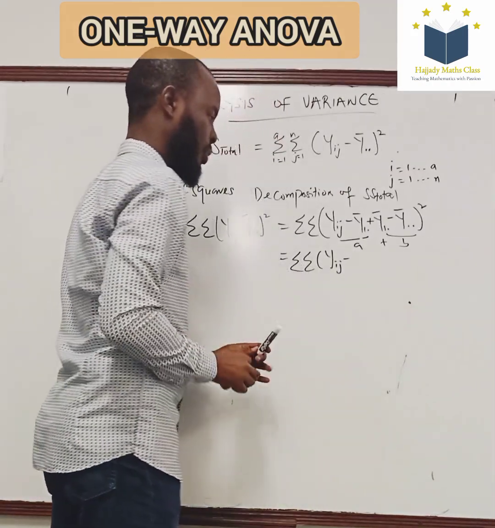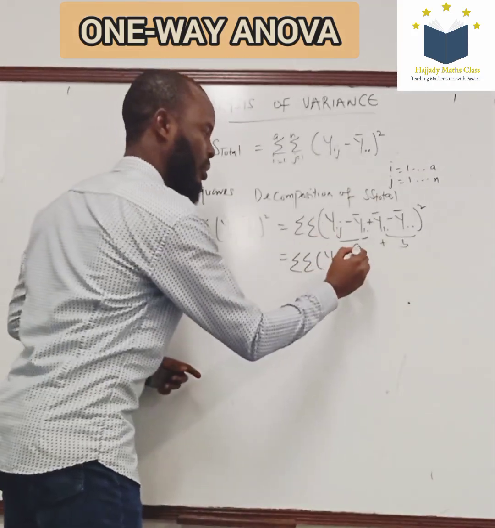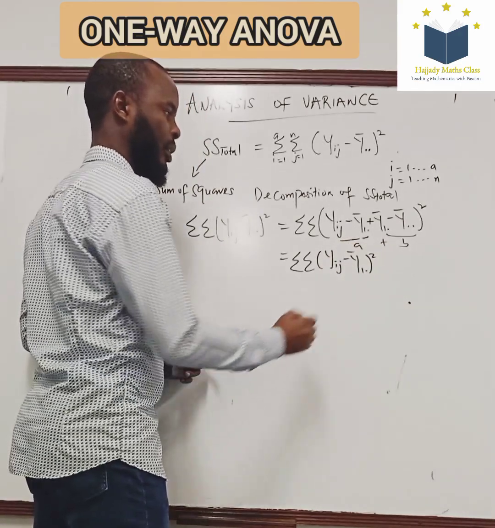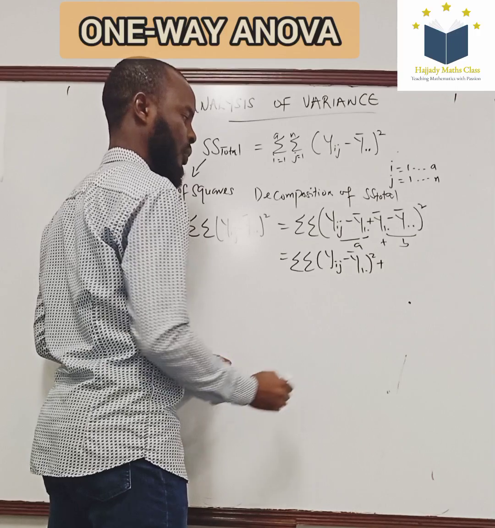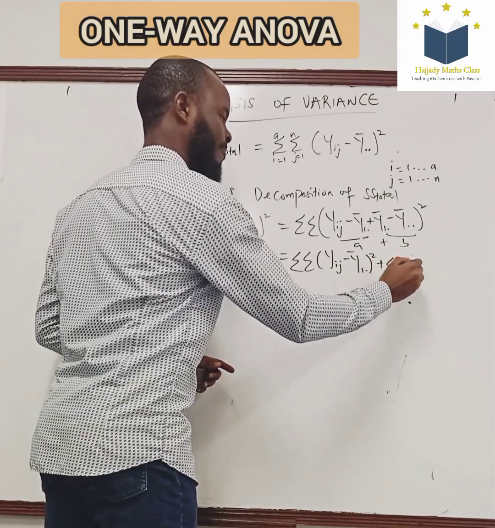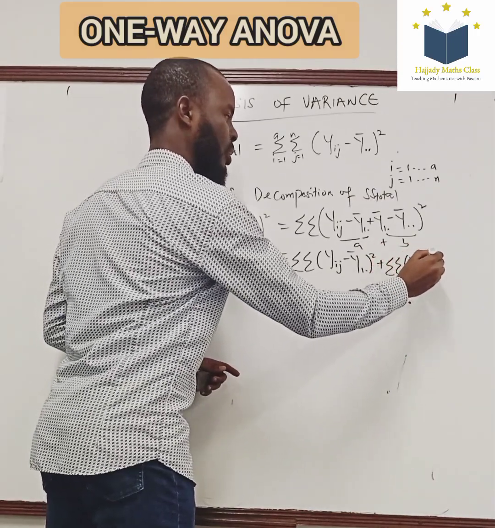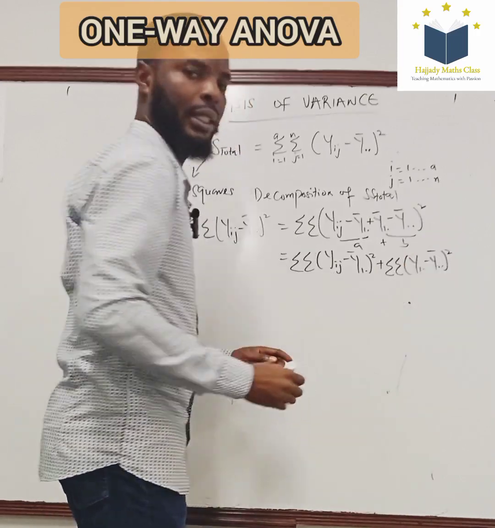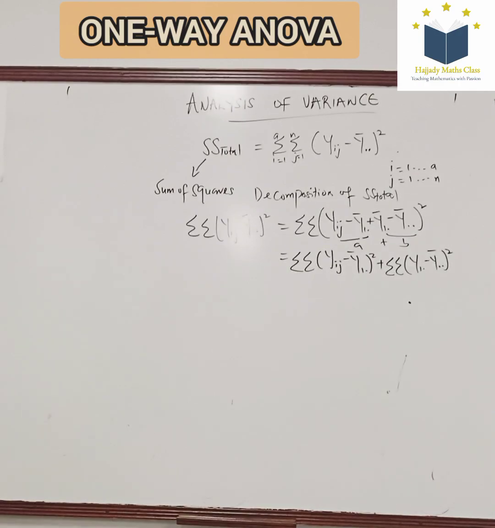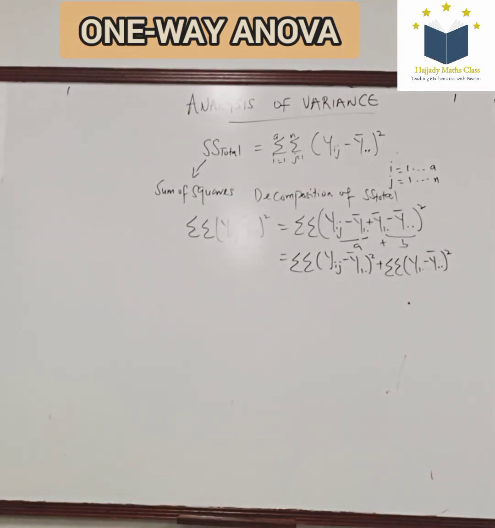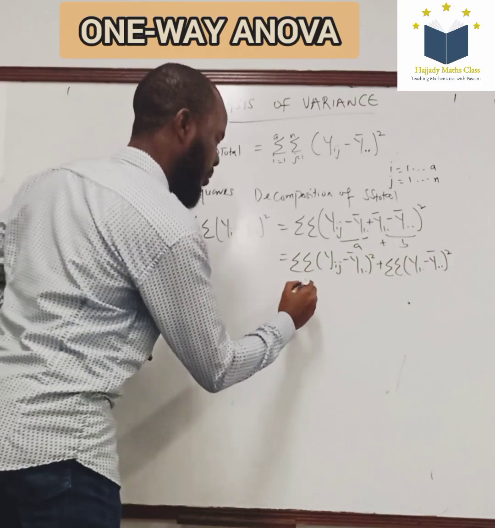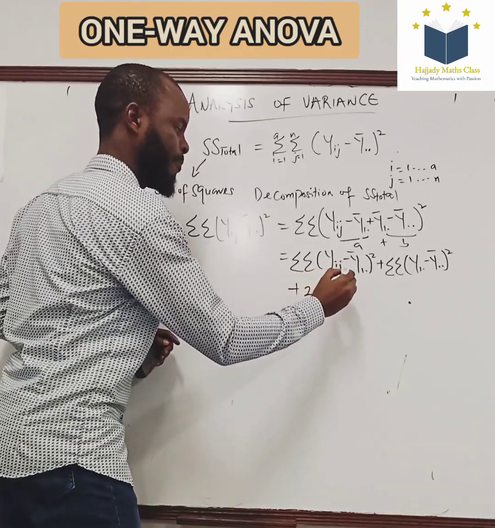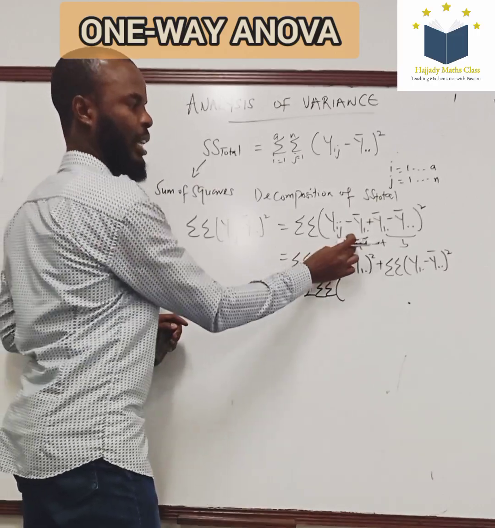So my A, which is Yij minus yi dot bar squared, plus double sum yi dot bar minus y dot bar squared, plus 2 double sum, which is AB.